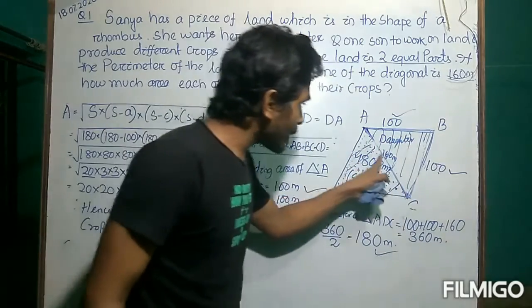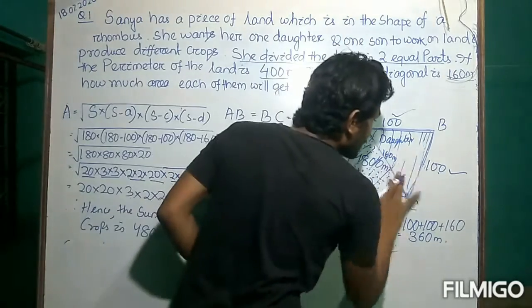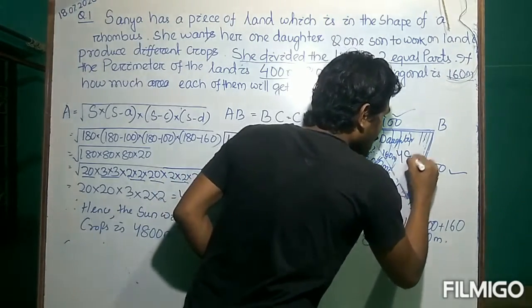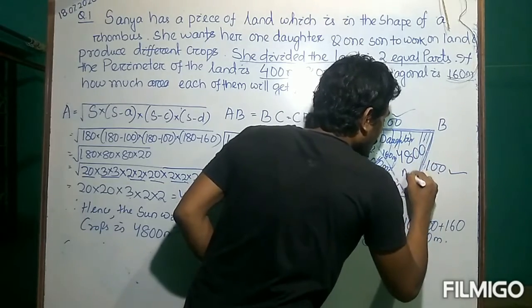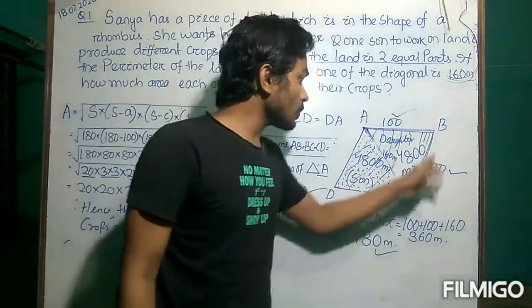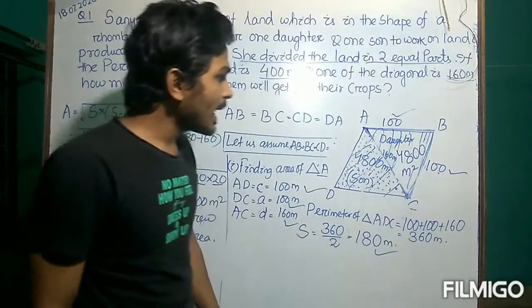If the area of this part is 4800 meter square, then the area of this triangle ABC is also 4800 meter square, because she divided the total area into 2 equal parts or 2 equal areas.